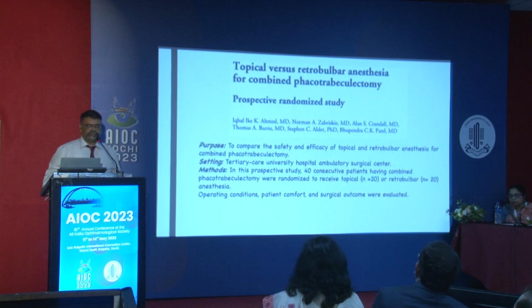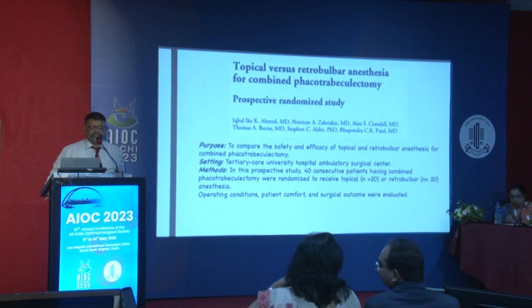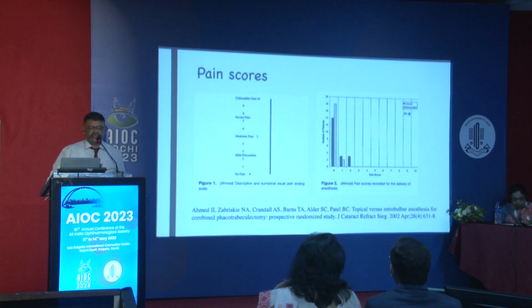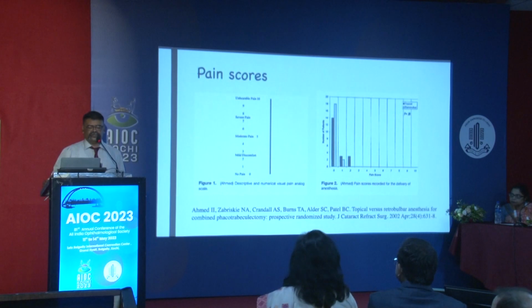So this was a study by Aioc, one of the leading lights in glaucoma, a few years ago, where it was a randomized prospective study comparing topical versus retrobulbar anesthesia in combined phacotrabeculectomy. He used a pain score analog with which 0 to 2 would be on the minimal pain score levels.